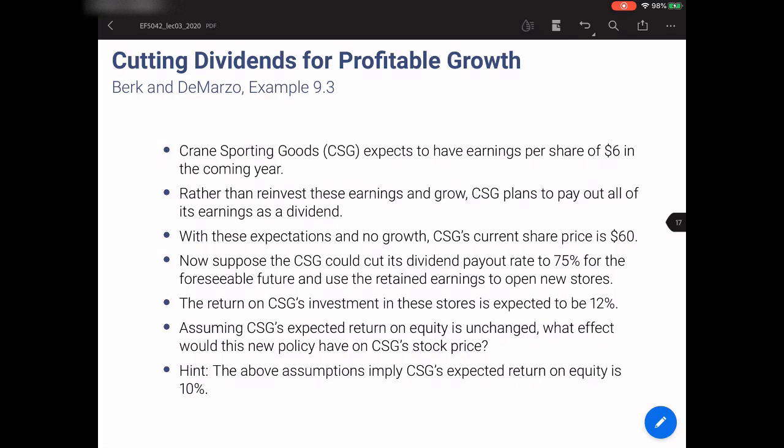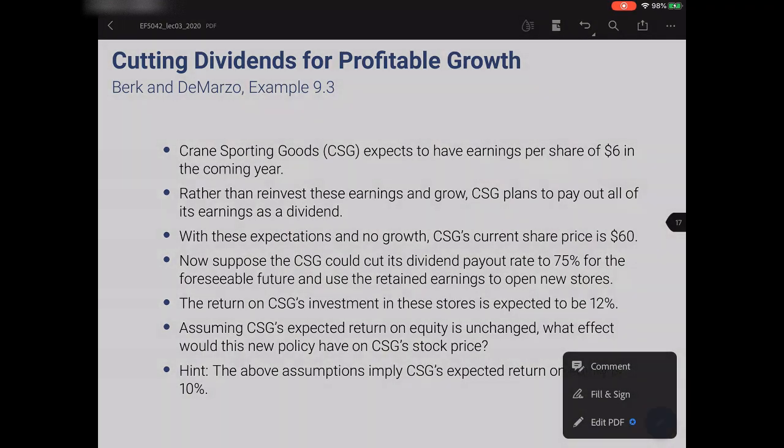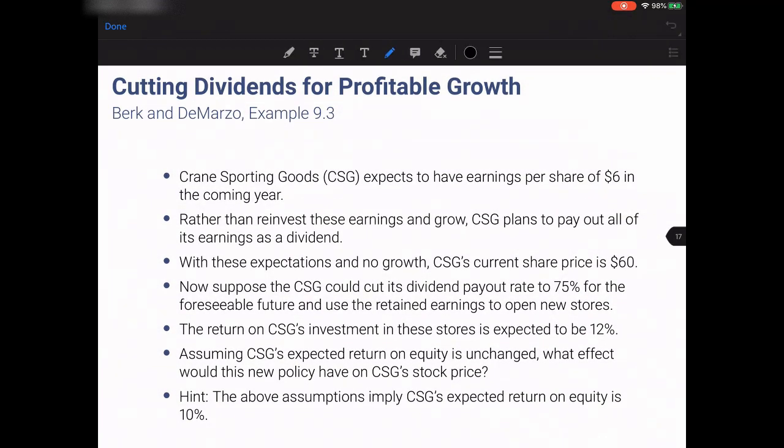So let me give you the definition of what earnings per share means. Literally, it's just net income divided by total shares outstanding. That's going to give you EPS. And we said that EPS is 6.